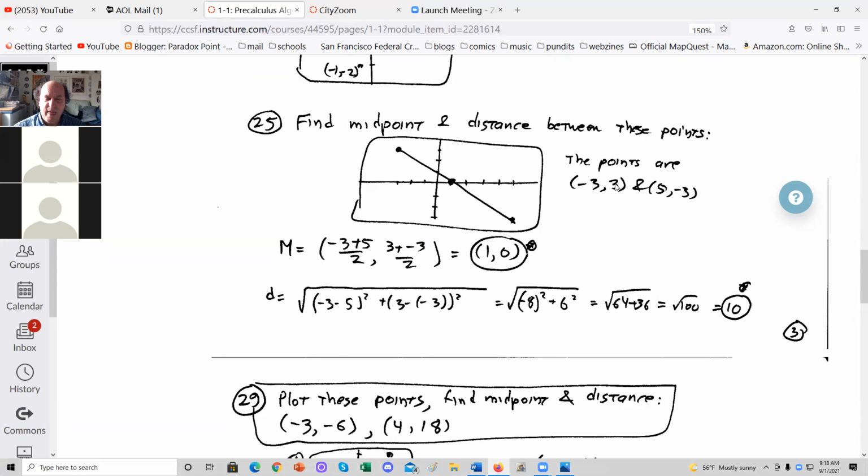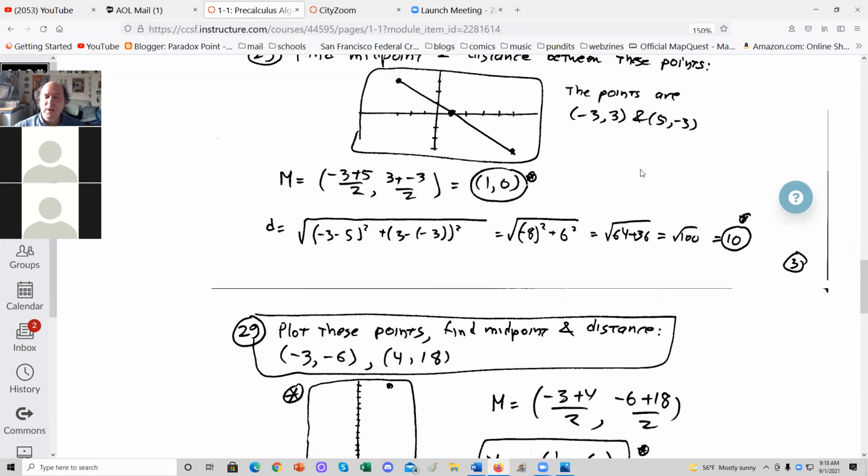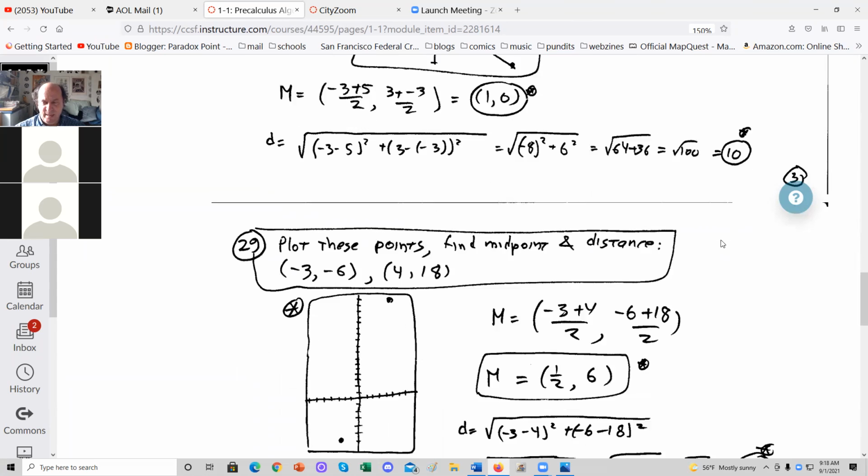For the distance, we take the square root of the sum of squares of differences in coordinates. Negative 3 minus 5 here, 3 minus negative 3 here. This is negative 8, square that, plus 6, square that. The square root of 64 plus 36 is the square root of 100, which is 10.